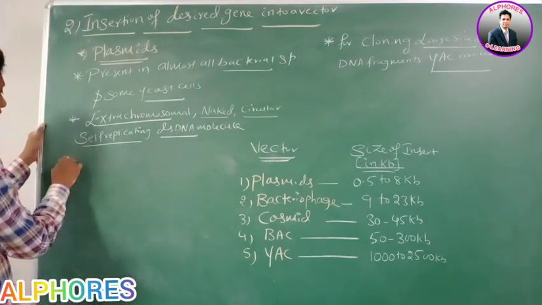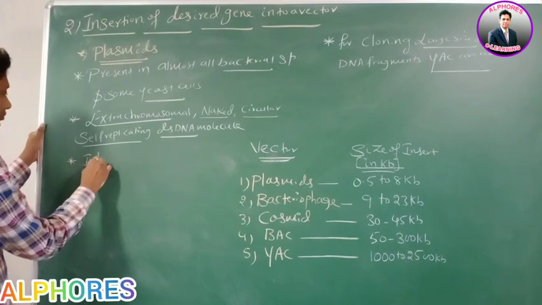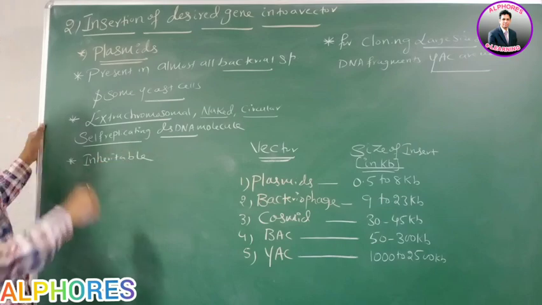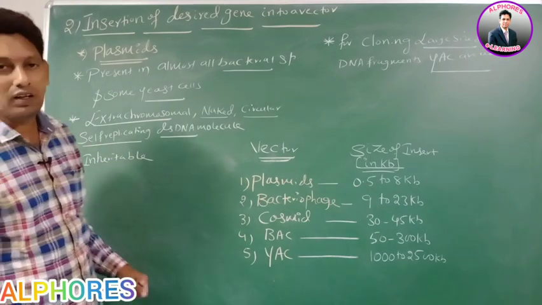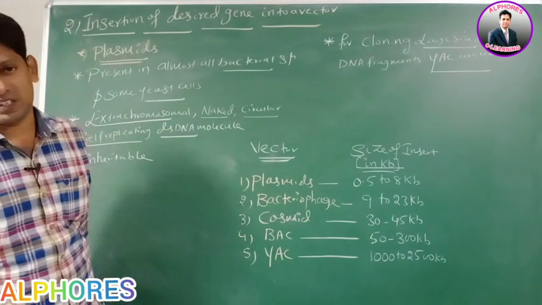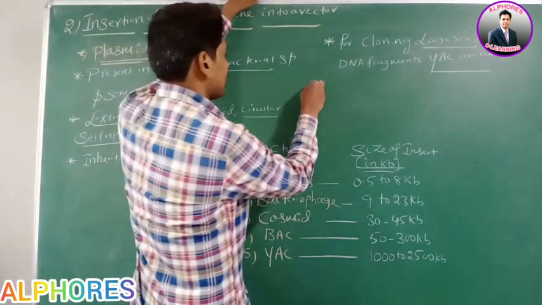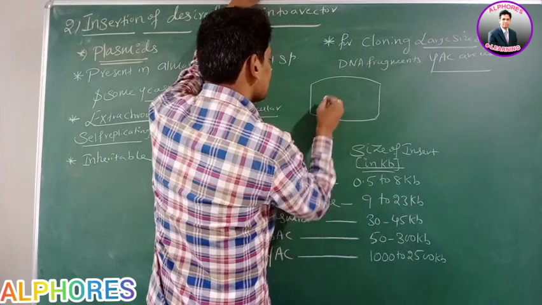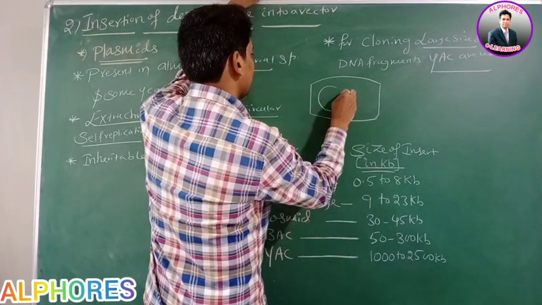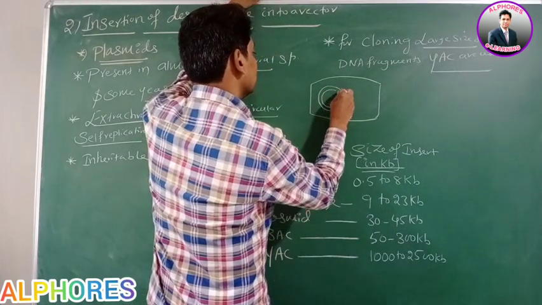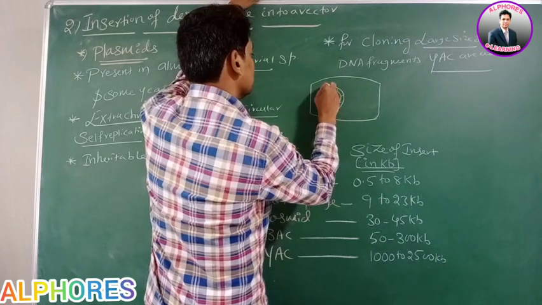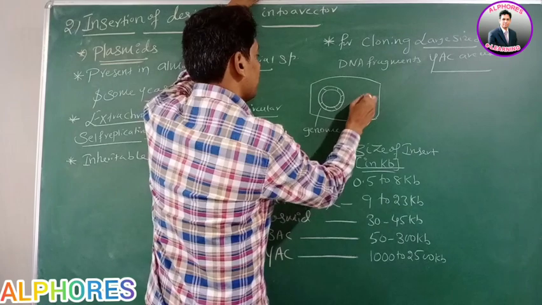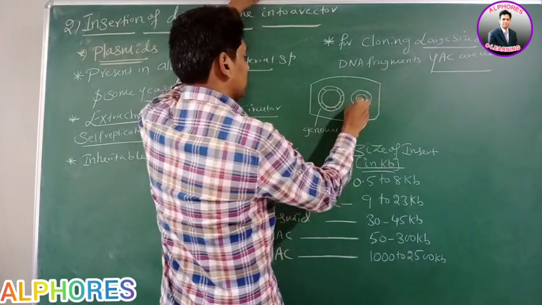Sir, plasmids are inheritable. Sir, take a bacterial cell. For example, this is a bacterial cell, sir. In this bacterial cell, this is the genome, whereas this is plasmid, sir.